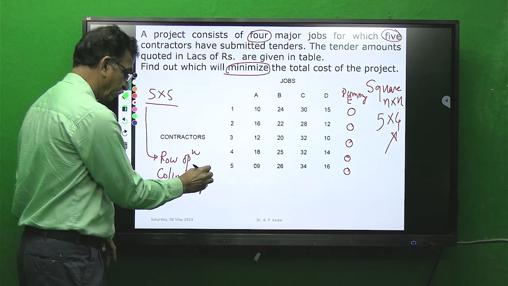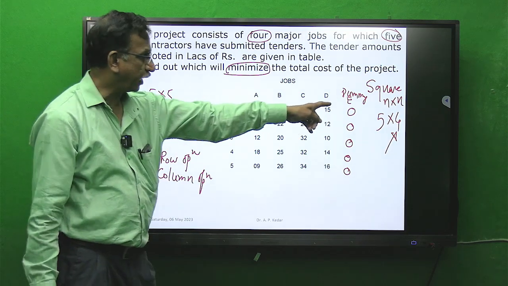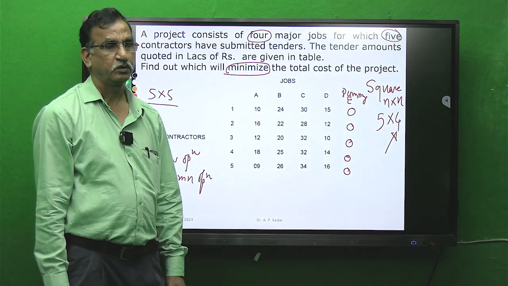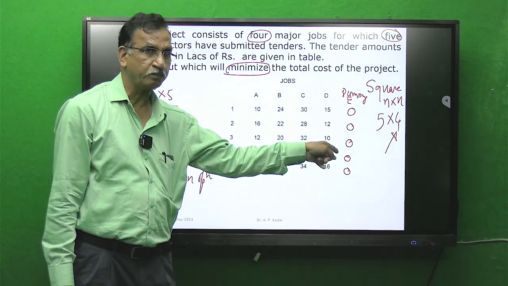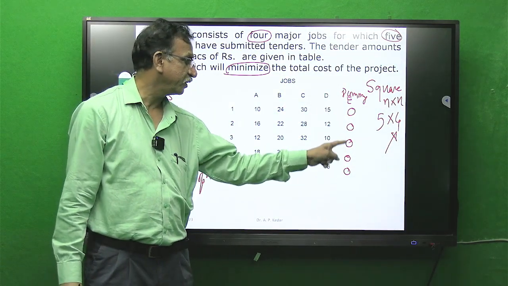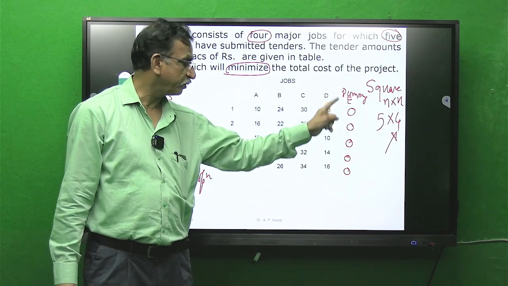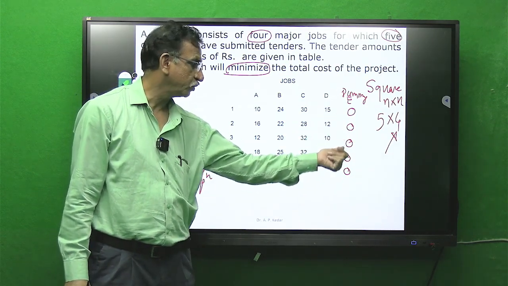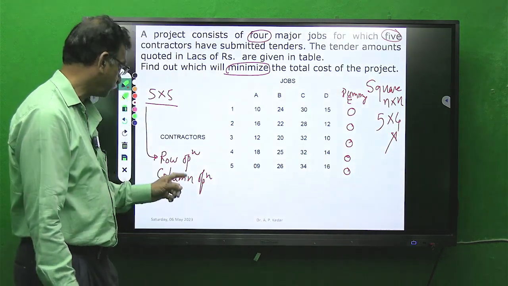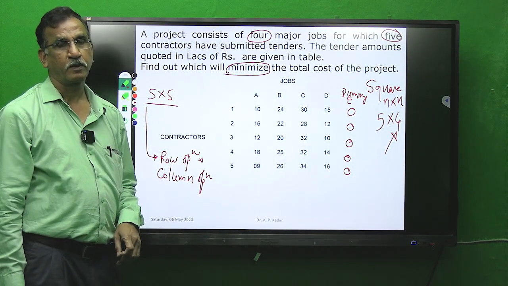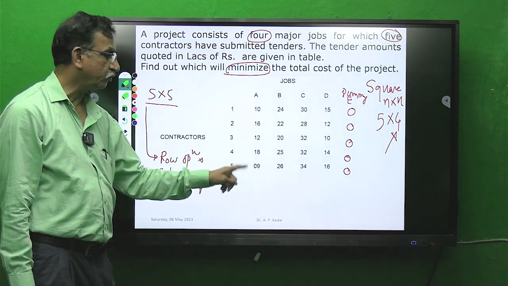Now one thing very important: since I have added 0 in each row, when you are adding a dummy column with 0 in each cell, there is no need to perform row operation. Only you need to perform now column operation.